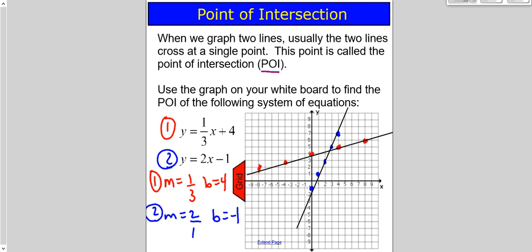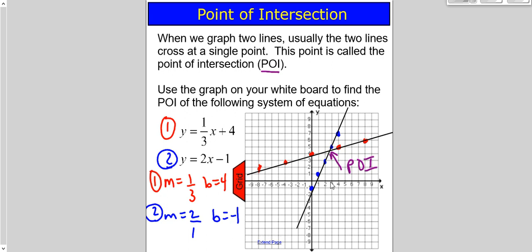Okay, and then where this hits, right here, let me just point it out. Right there is my POI. It's my point of intersection. Now, this one seems to be a little bit hard to see.